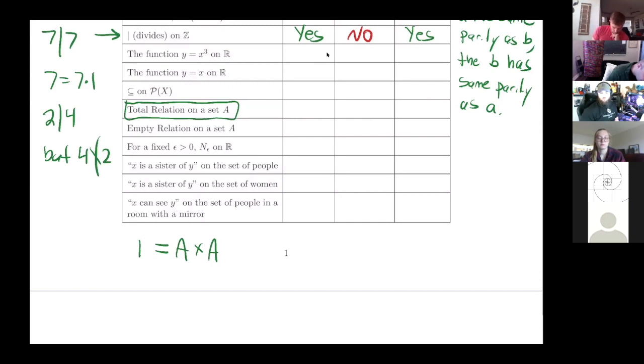So maybe we typically call that relation T for total relation. And the empty relation would be the empty set. Nothing is related to anything else.